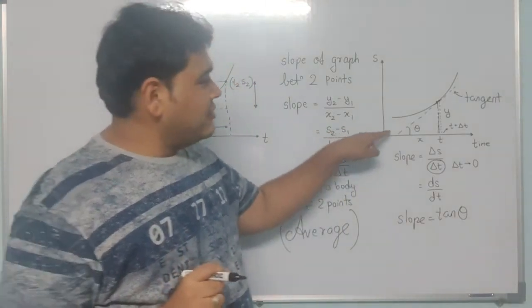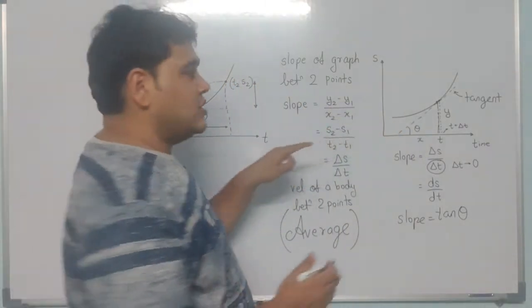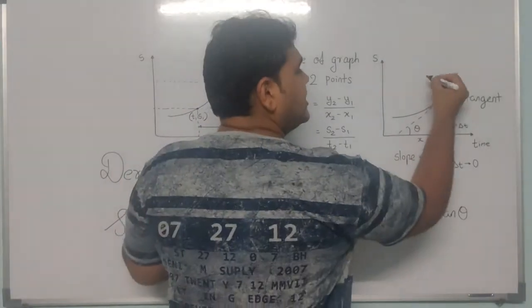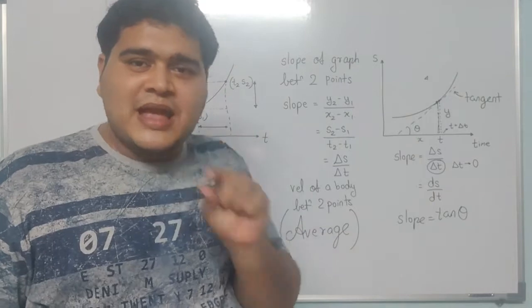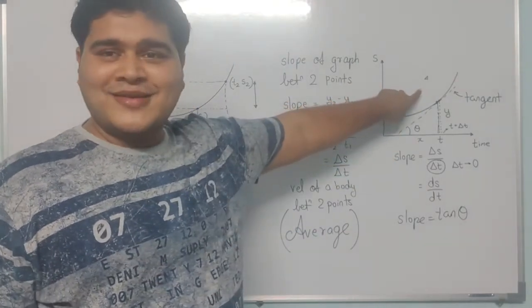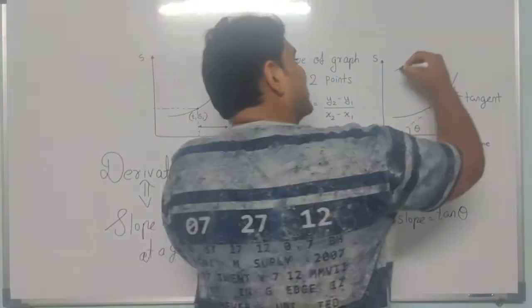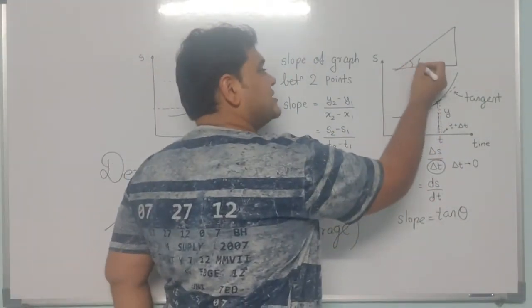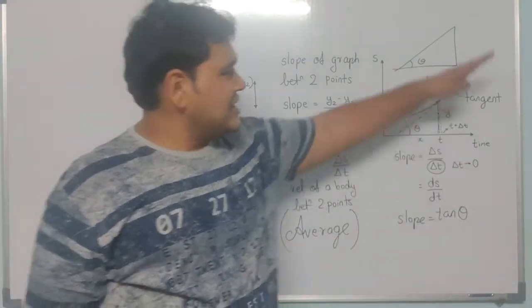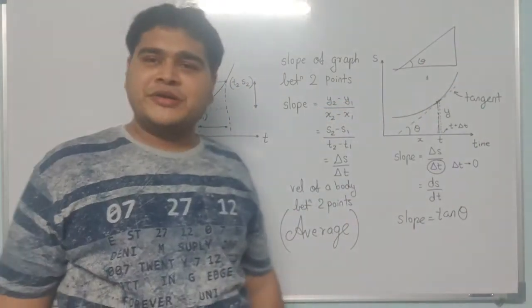So if this is applicable for this big triangle, don't you think between these 2 points there will be a triangle again, which is going to be really very tiny. I think you can see that as a dot. So if I enlarge it, that will also make a triangle. Correct? And that will also have the same angle theta, because that line is drawn as a tangent to the point.